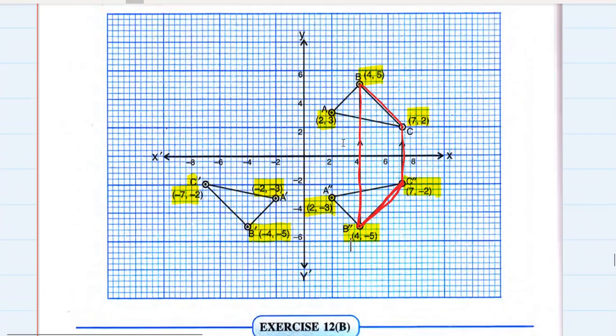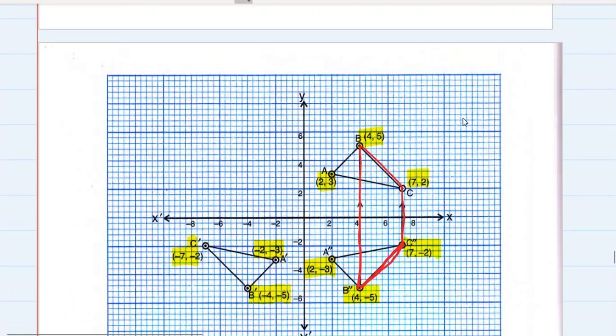And find its area. Area of trapezium क्या है? Area of trapezium is half multiplied by sum of its parallel sides, that is CC' plus BB'. CC' कितना है, 2 यूनिट्स, plus BB' कितना है, 1, 2, 3.